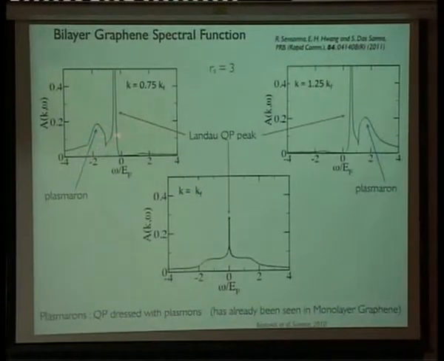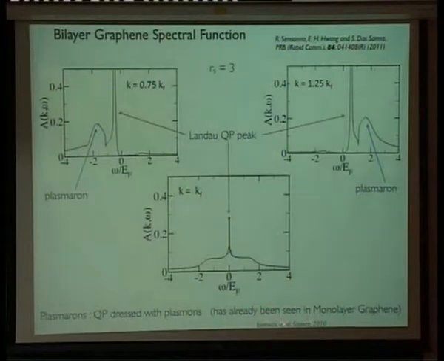The second peak structure is basically what is known in the literature as the plasmaron. It's basically a quasi-particle which is dressed by the plasmons. And you see that both if you go k below kF and k above kF, in both cases you see the plasmaron. Of course, in one case it's below the quasi-particle energy, and in one case it's above the quasi-particle energy.